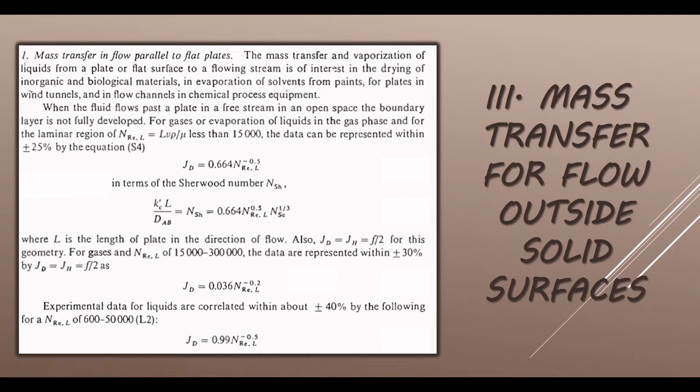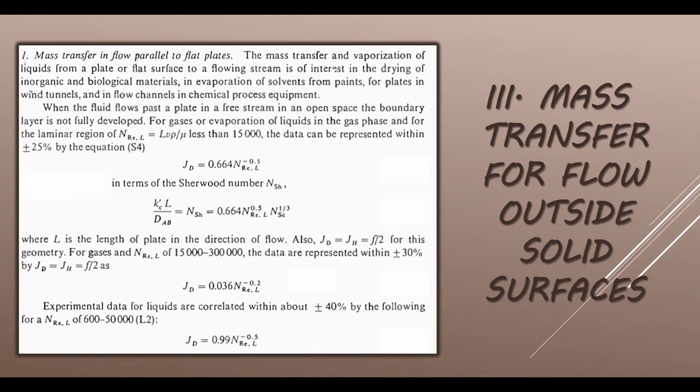So, for gases or evaporation of liquids in the gas phase, and for the laminar region, which is defined by Reynolds number, length times velocity times density divided by viscosity, less than 15,000, the data can be represented within plus or minus 25% by the equation using the dimensionless factor J sub D, equal to 0.664 times the Reynolds number raised to negative 0.5.